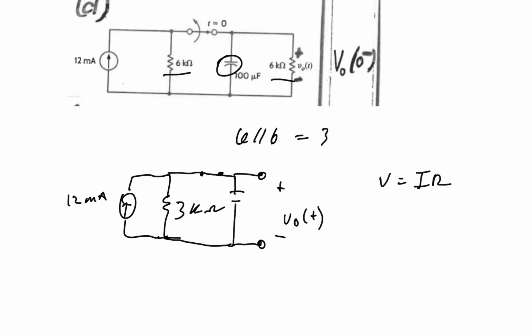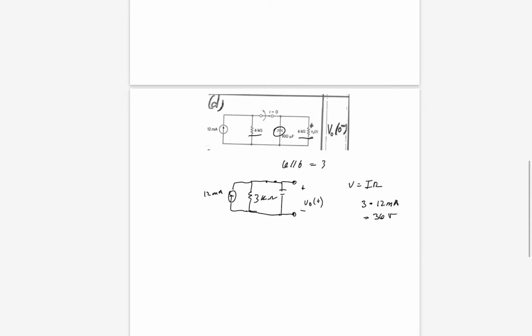Voltage equals I times R, and our resistance is 3, and our current coming in is 12 mA, and that gives us 36 volts. Alright, cool.